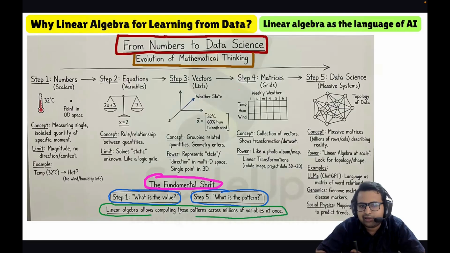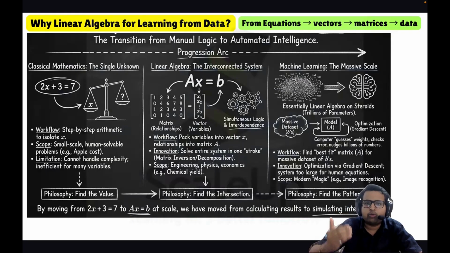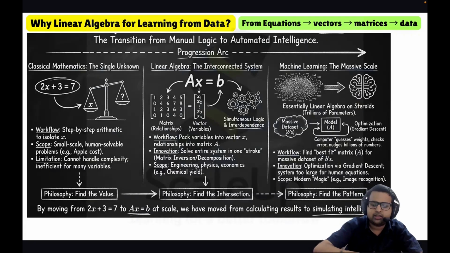Using linear algebra, we can compute patterns across millions of variables at once, from equations to vectors to matrices to data. This progression describes the transition from manual logic to automated intelligence.